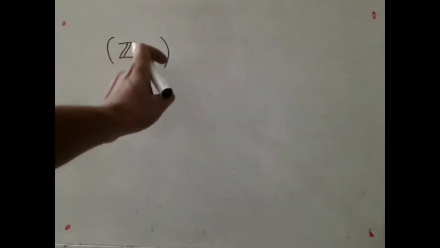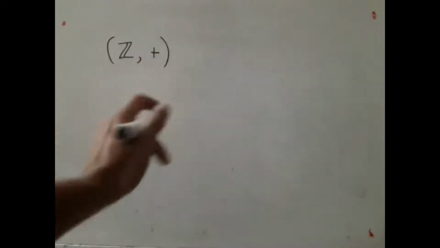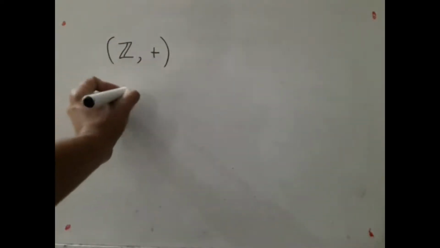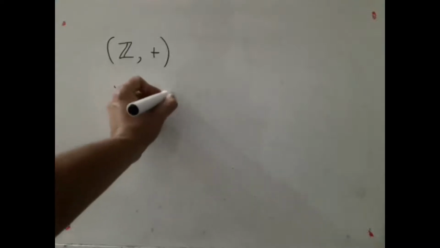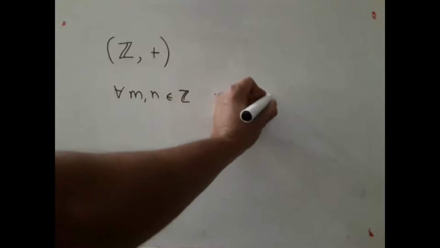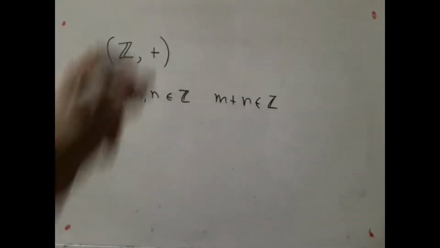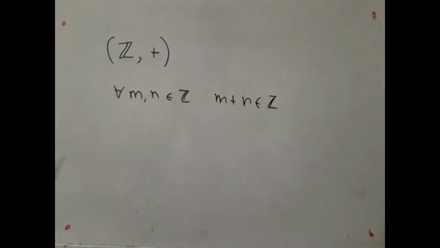You can very easily check that this is a group. We know that it is closed, that is, if we take two integers, then the sum is again an integer. So, if I take m and n in Z, m plus n is again in Z, that is closure. Associativity, that is the property of addition, we already know that.